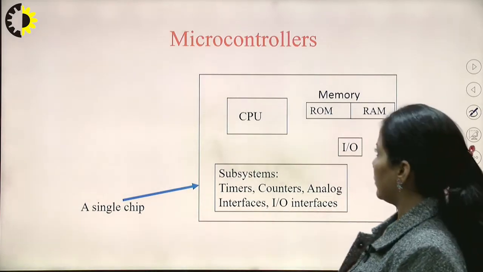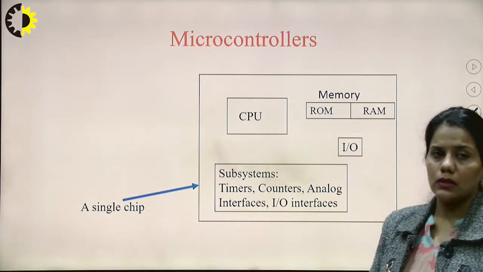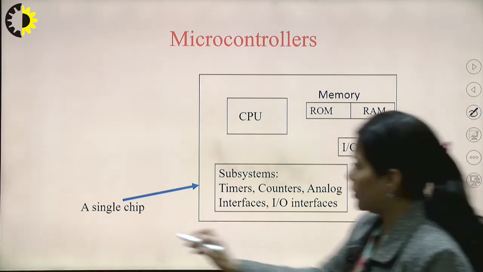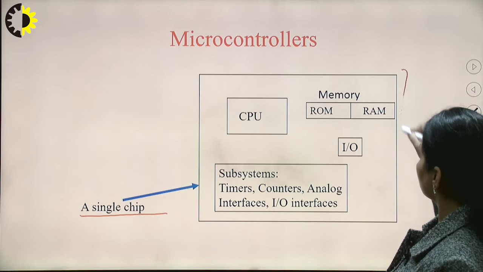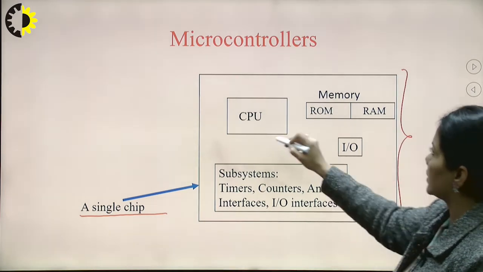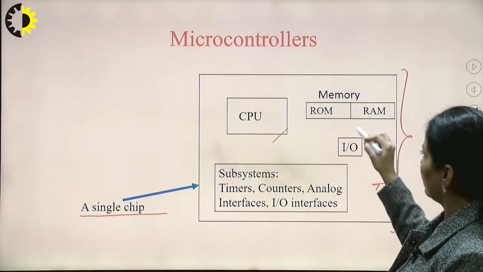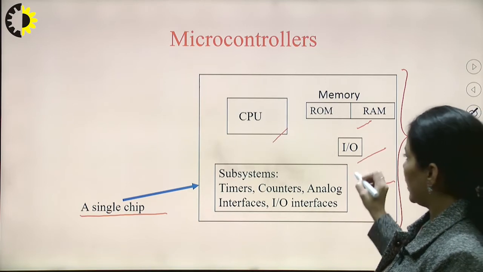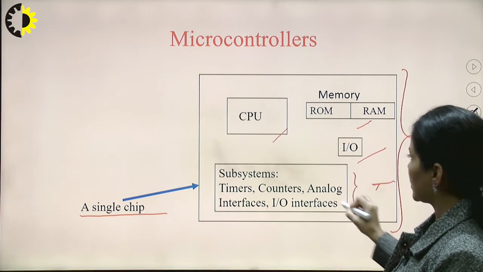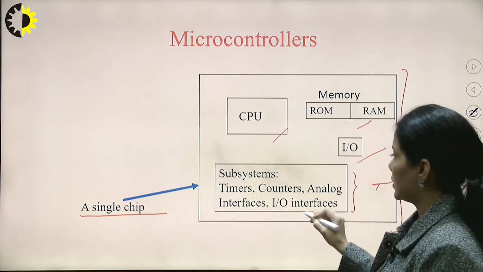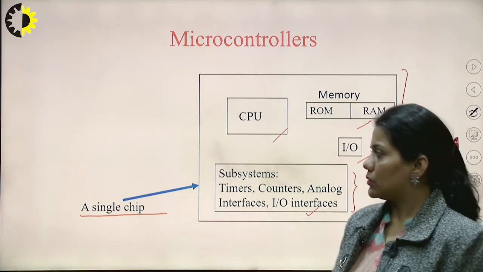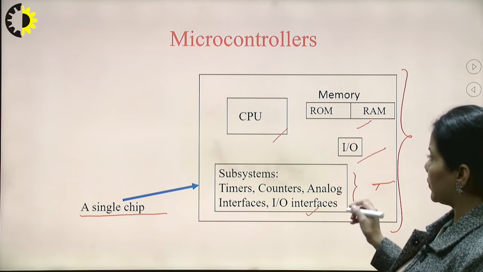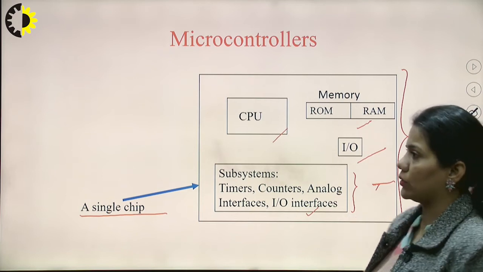Now we talk about the microcontrollers. On a single chip, when all these are available, like CPU, memory, input-output, and subsystems like timers, counters, analog interfaces, and input-output interfaces, all these present on a single chip make a microcontroller.